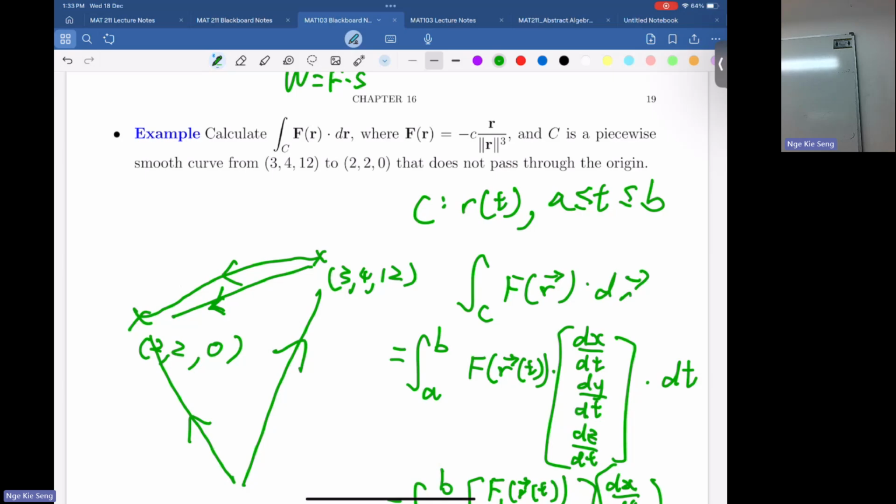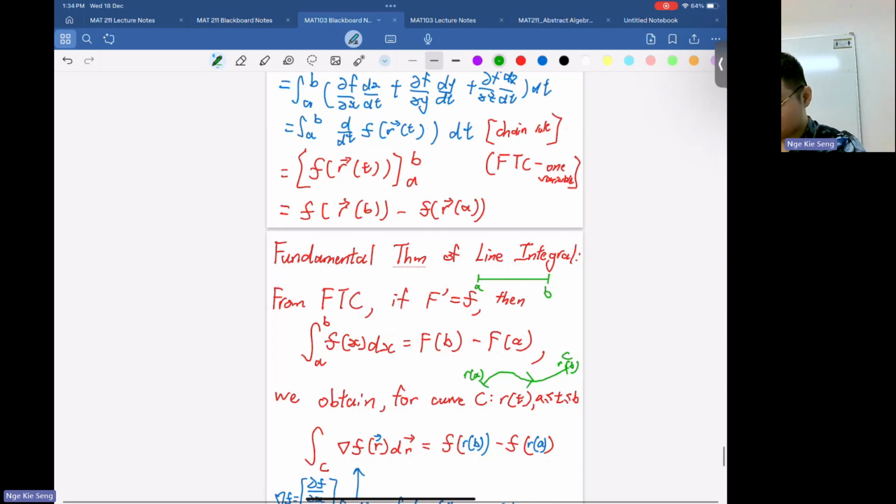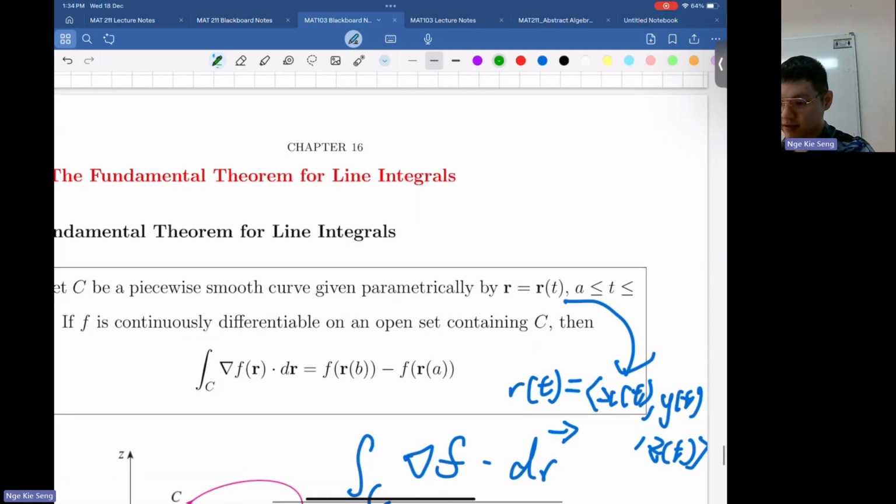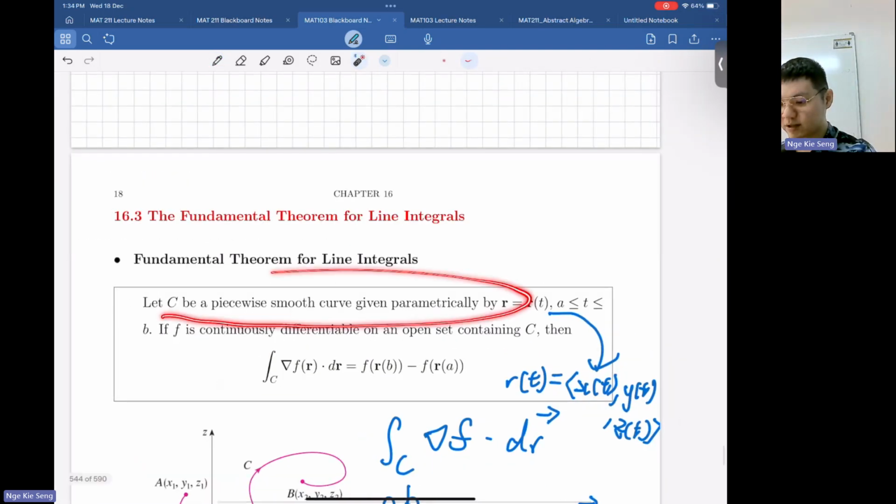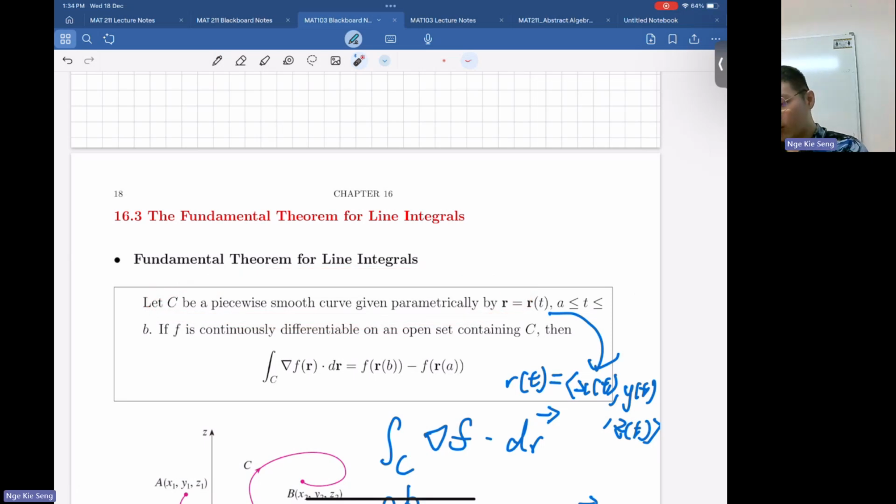Remember, when we use it, we only depend on the starting point and the end point. You don't need to know how the curve gets passed through, as long as you have a piecewise smooth curve. In the proof, although the question says it's parameterized by some r(t), the calculation doesn't involve the parameterization. You only need to know the endpoints, r(b) and r(a).